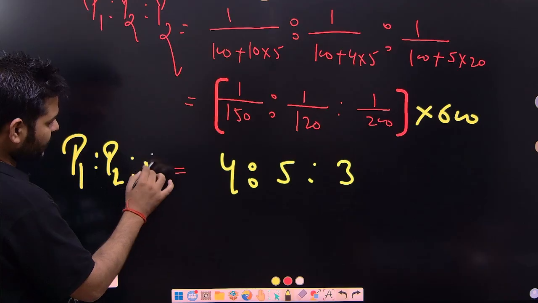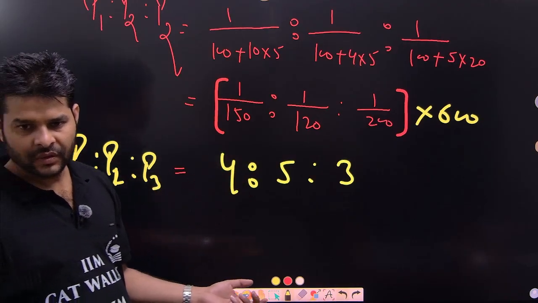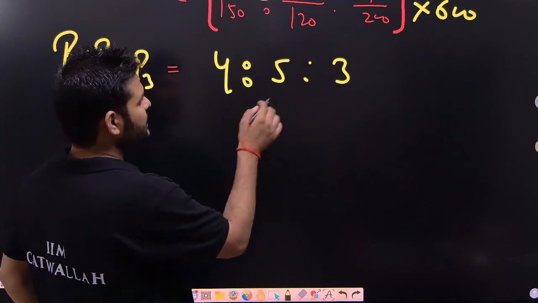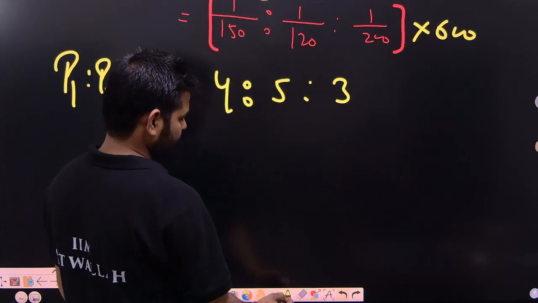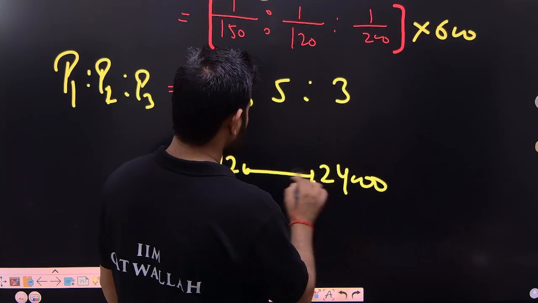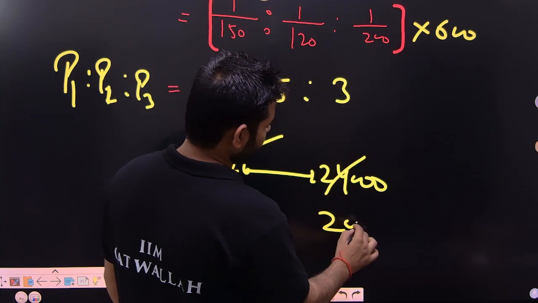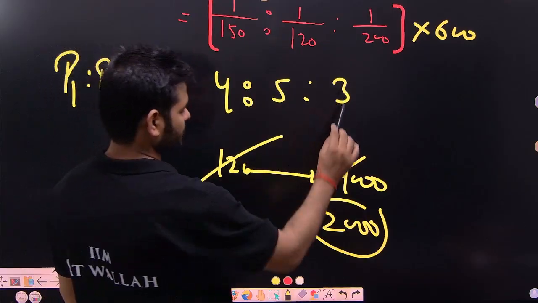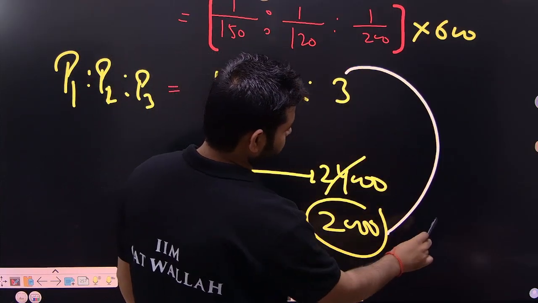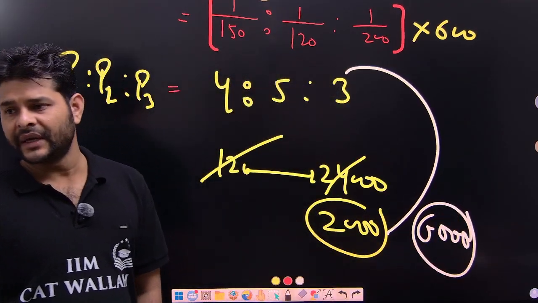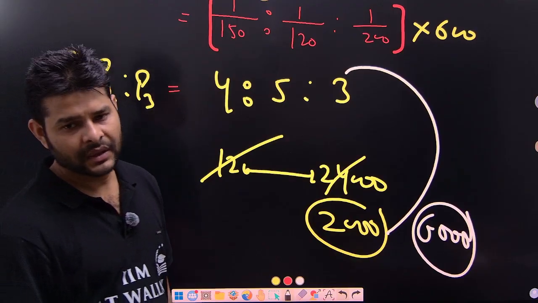The sum of all these values is the total principal, which is 24,000. So 12 units is 24,000, and 1 unit would be 2,000. We have been asked for the third part, which means 3 units, so 6,000 would be your answer.